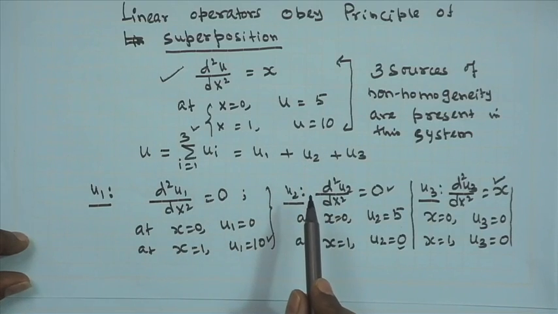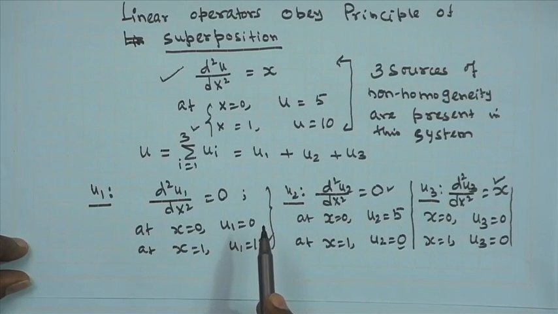Take this as an assignment: solve this equation directly with this boundary condition, and check whether that solution equals the one you get by solving these three sub problems one at a time and adding them up by linear superposition. Check whether the principle of linear superposition is valid in the case of an ordinary differential equation.